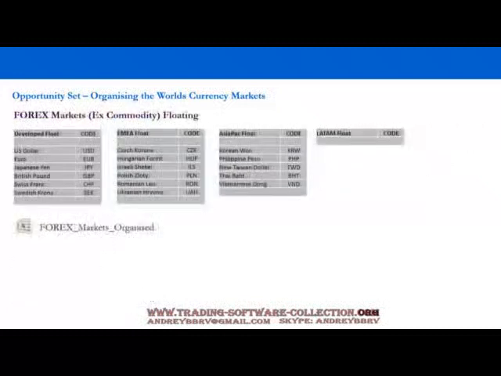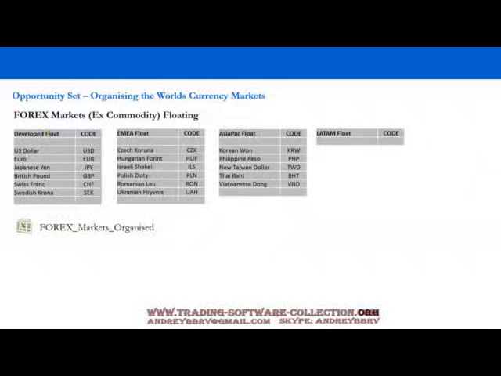Now, we've put the results here of our breakdown from the Forex Markets Organized sheet. And the first thing we look at is the ex-commodity floating currencies. And what we find is we break down, first of all, by developed float. So what do we mean by that?